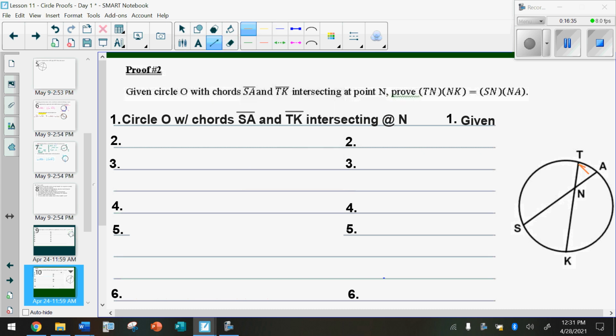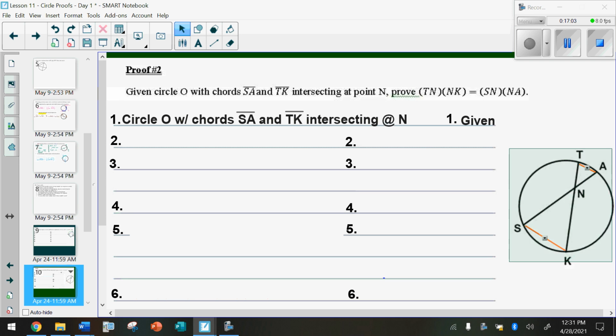We're going to draw an auxiliary line TA. I don't need two of them. I need one good one. Auxiliary line TA and auxiliary line SK. Those auxiliary lines help me create two triangles. So in order to get to this multiplication of segments, we need to remember how to prove two triangles similar.